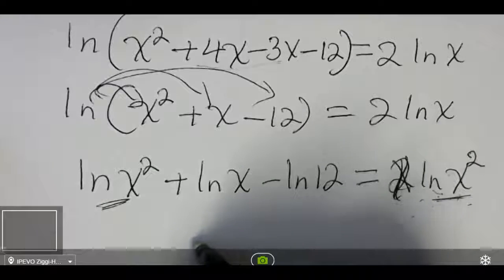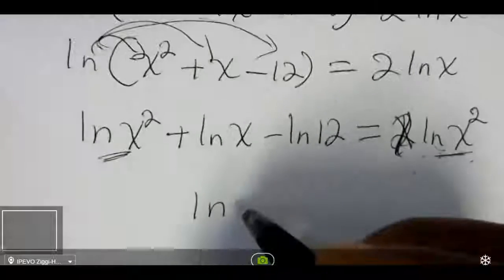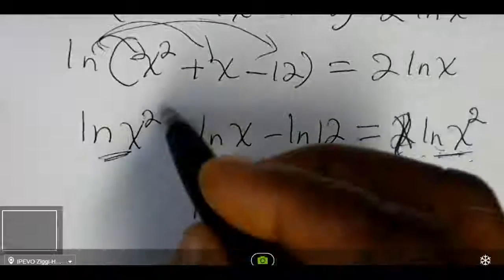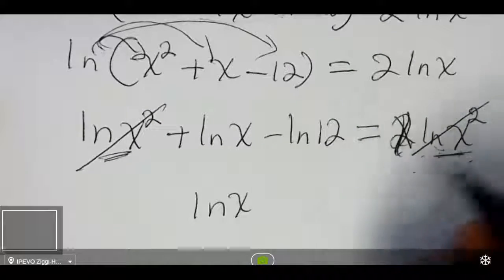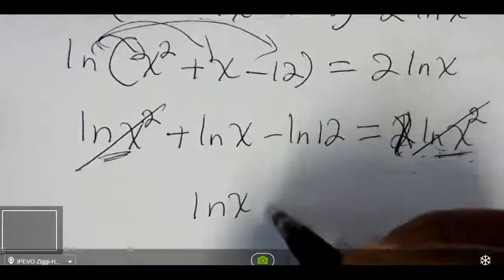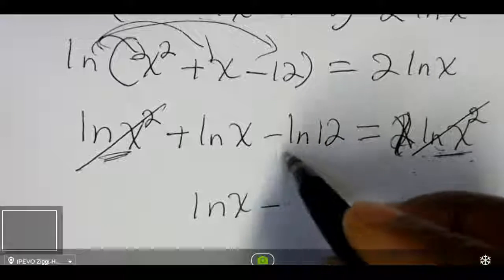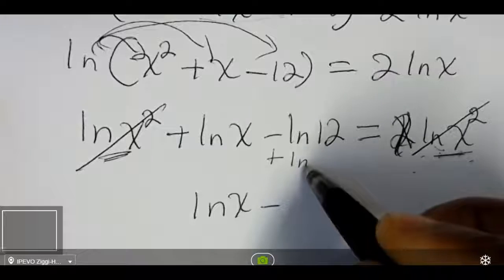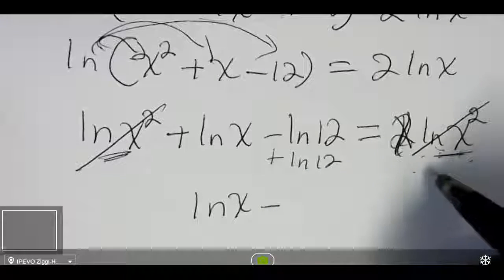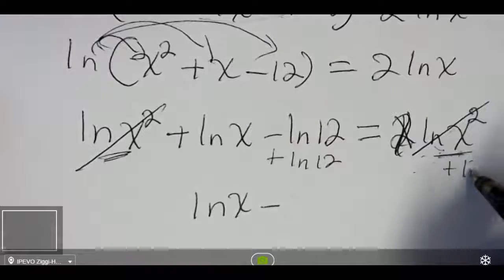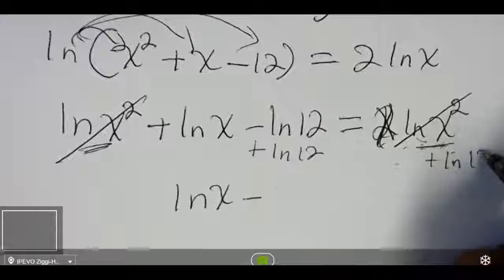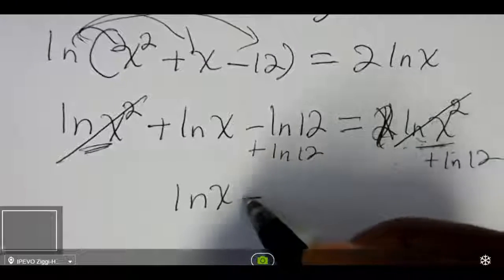This will become 0. So we have ln of x, and we can add this one to both sides. Okay, so that will get it out of here too.